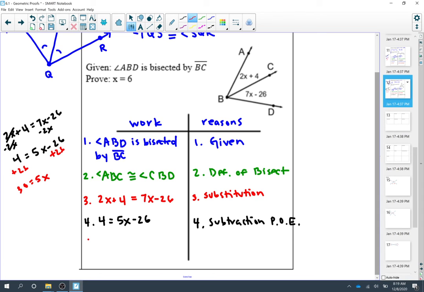So step 5, 30 equals 5x. And that was, I added 26, so addition property of equality.